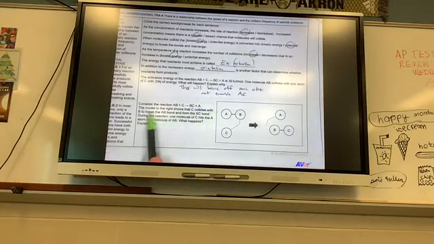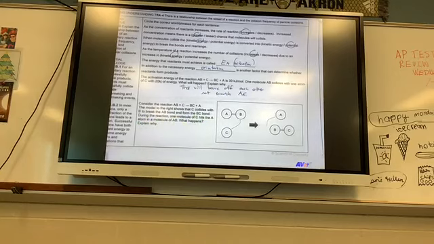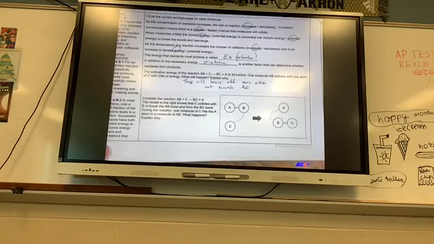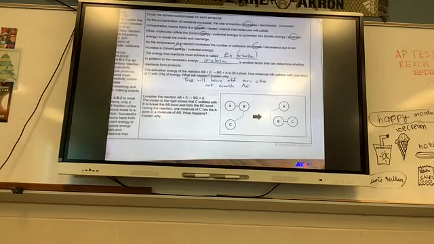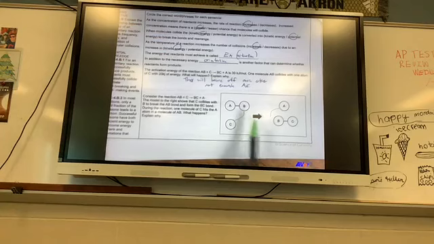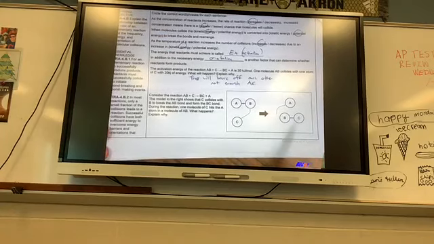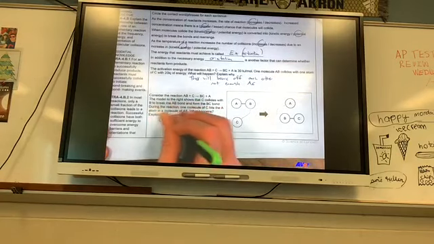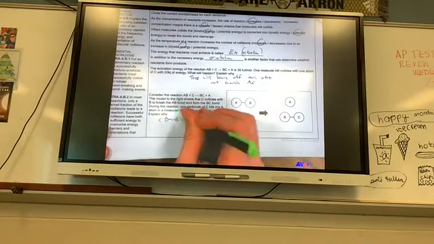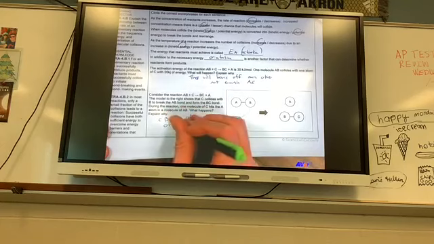Consider the reaction AB plus C gives me BC plus A. The model on the right shows C collides with B to break the AB bond and form the BC bond. During the reaction, one molecule of C hits the A atom in a molecule of AB. What happens? Well, if I look here, C runs into A. C bounces off of AB.